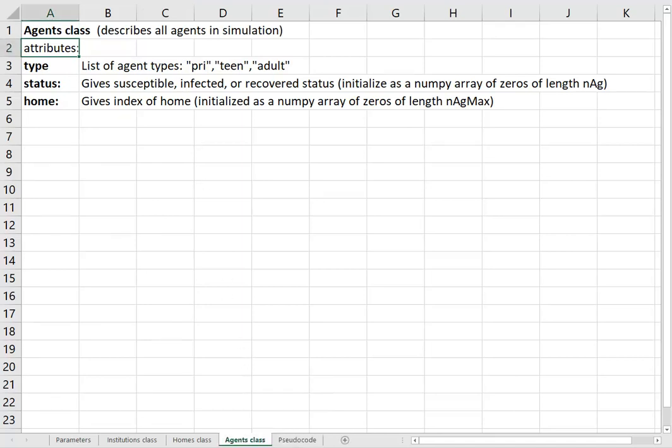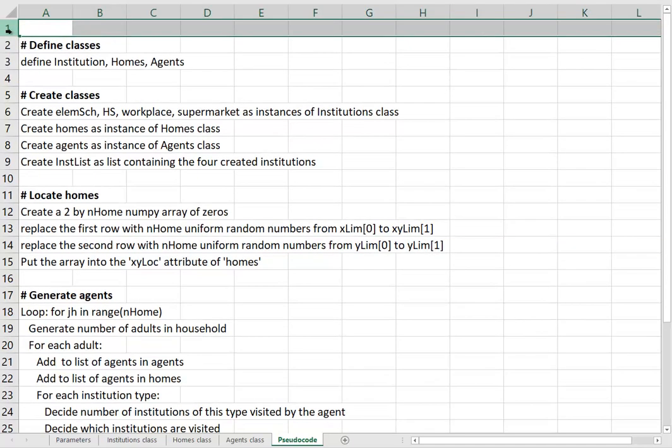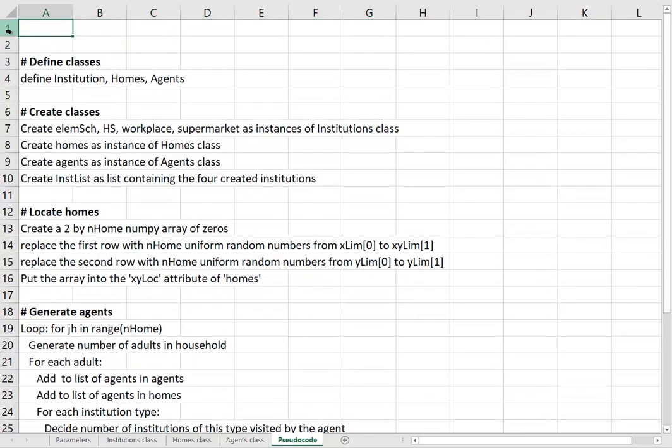Okay. Now this last tab here, I give the pseudocode. So you can start off like this. So you'll have to define the classes. Actually, I should leave something here. I should put here, first you want to initialize parameters. Okay. And then here you want to create the classes.